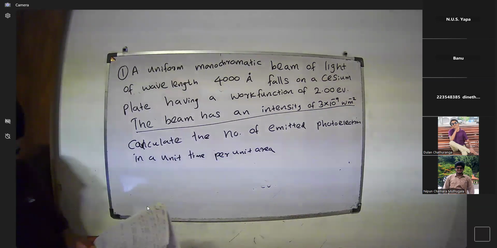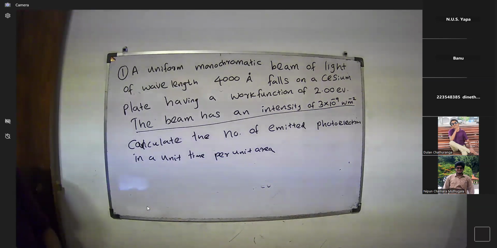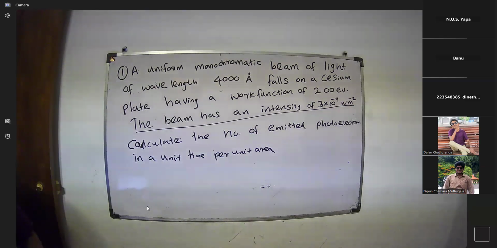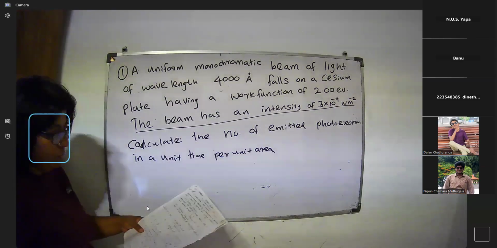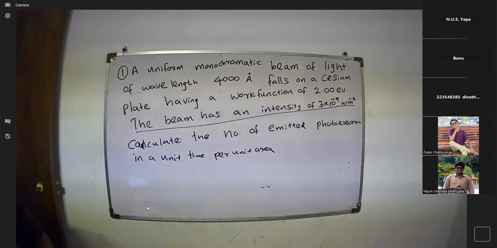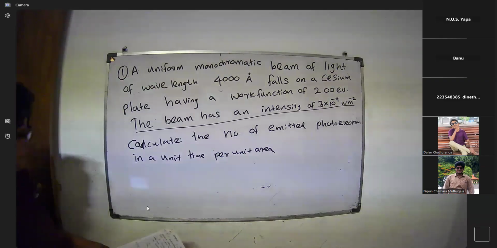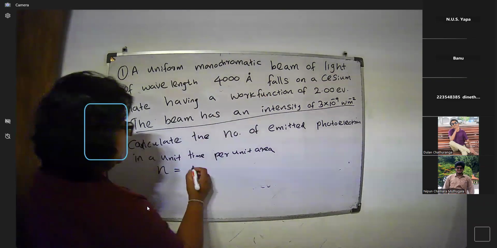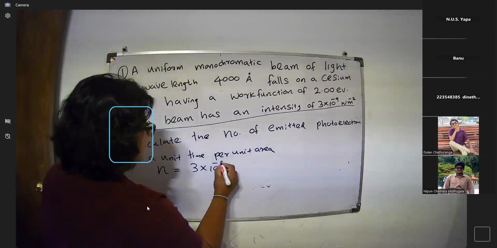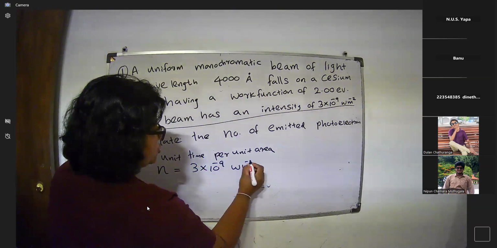The intensity is given as 3 times 10^-9. We have to multiply 3.11 electron volts by 1.6 times 10^-19. Then we can find N, equal to 3 times 10^-9 W m^-2.